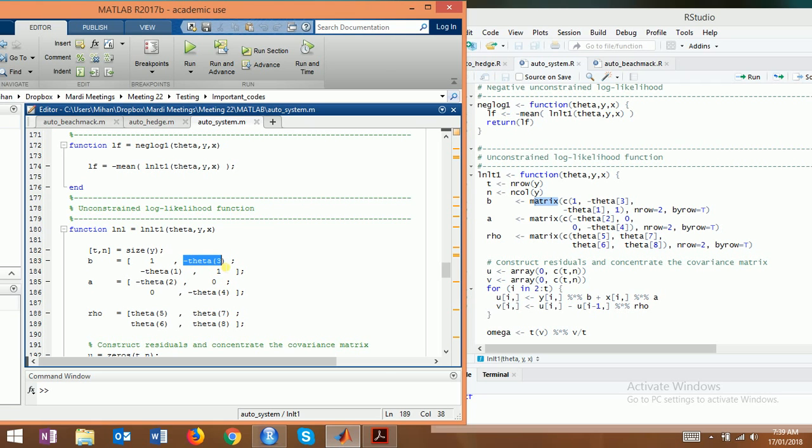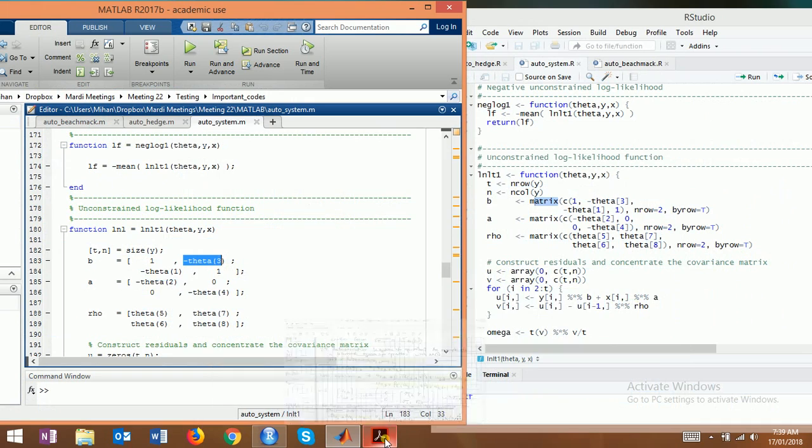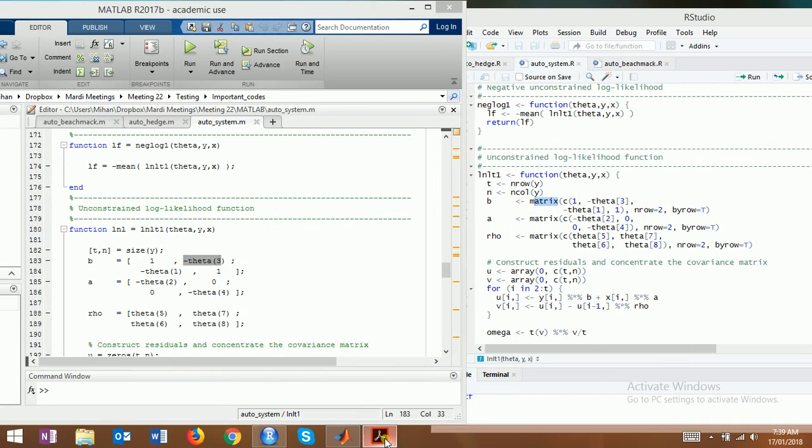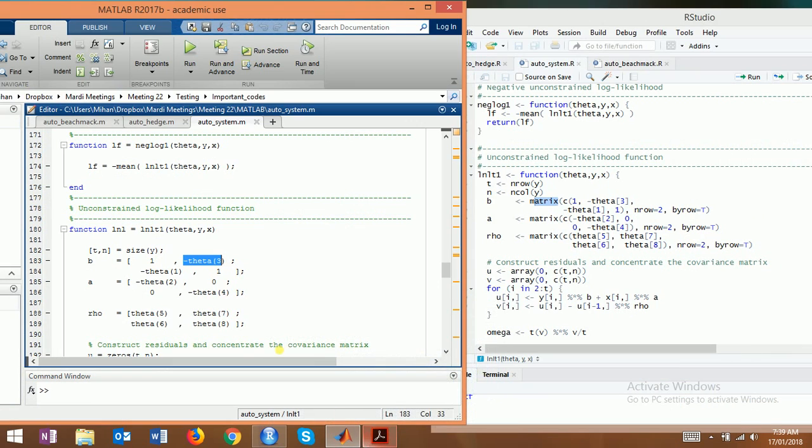Why minus, you might ask? Because we are taking stuff on the left hand side, right? Whenever we are measuring beta, we're taking it on the left hand side, y1t minus beta 1 y2t. So we are left with minus the estimator. The coefficient will be minus. Very simple. Theta 2, minus theta 4.